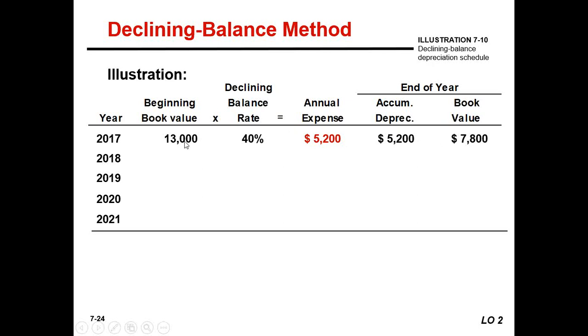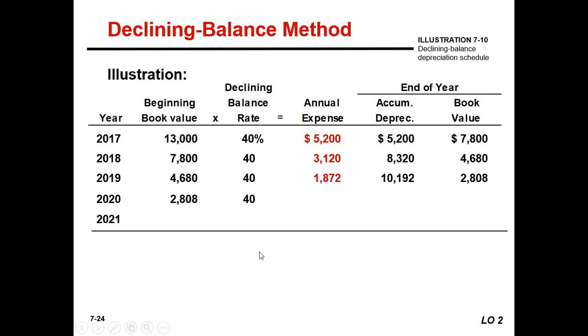Book value is cost minus the accumulated depreciation. And as you can see as we go through here, each year the annual expense goes down because we're calculating based on book value, not based on cost. And that book value continues to go down as we calculate.